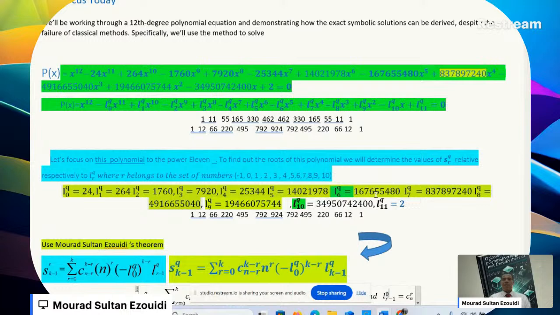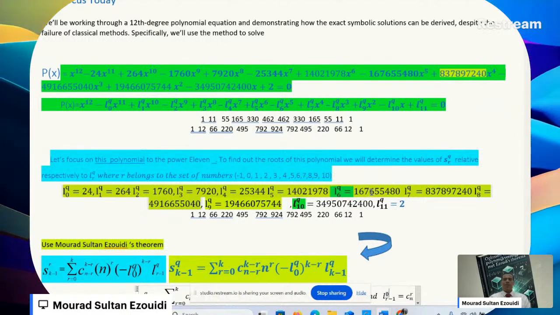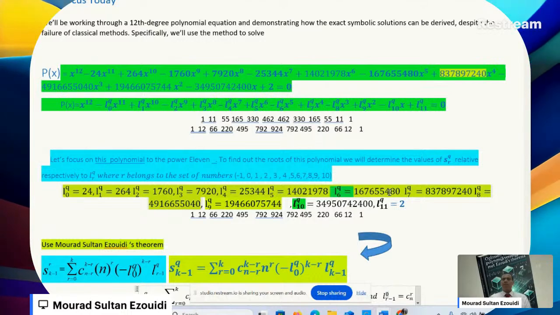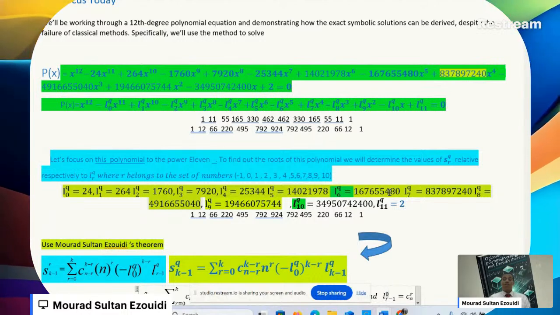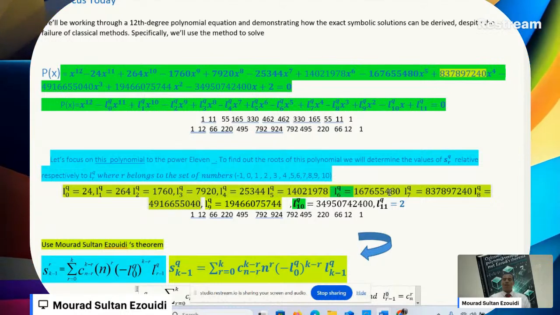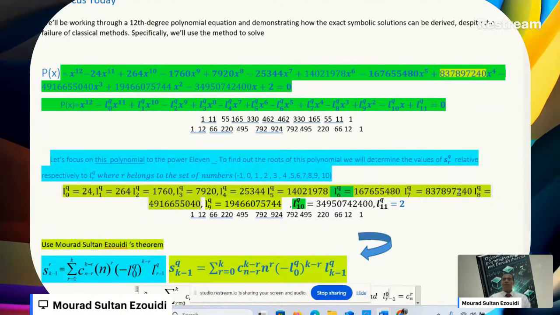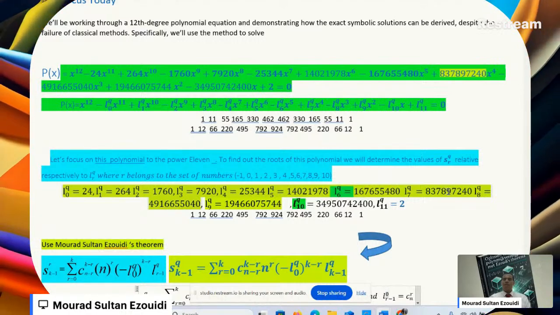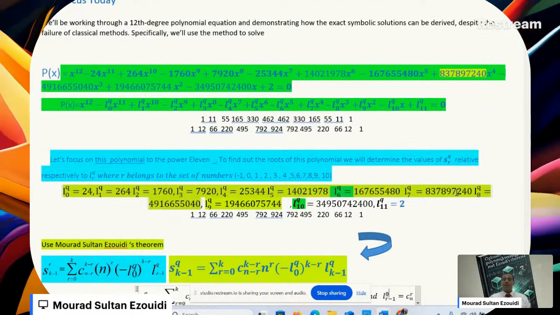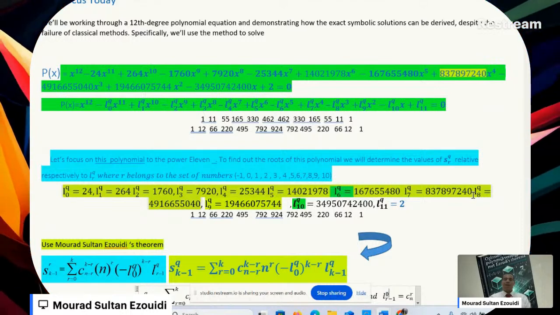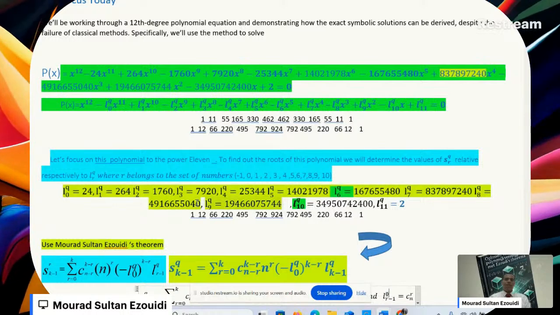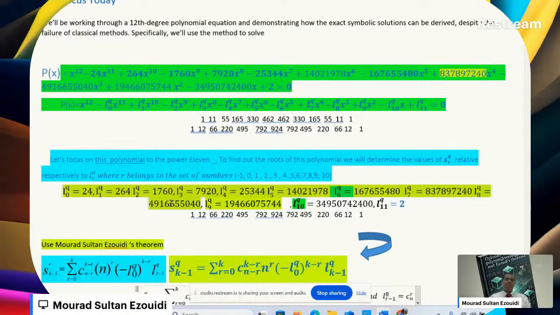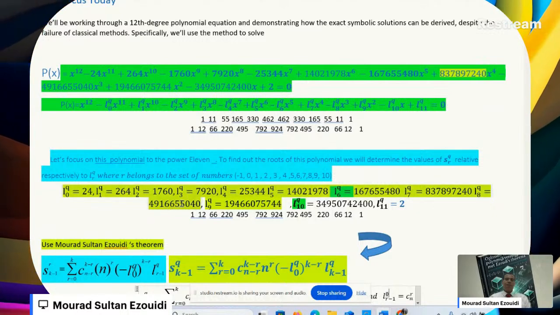And L6 is equal to 167,655,480. You can note that these coefficients are very large. And then L7 is going to be equal to 837,897,240. And the next coefficient is equal to 4,916,655,40.